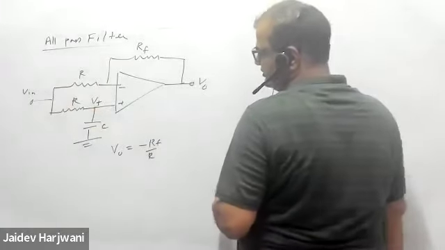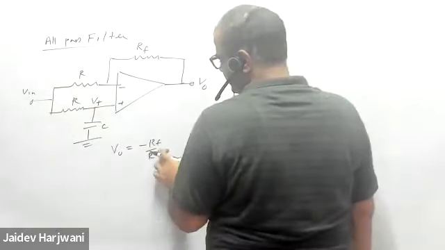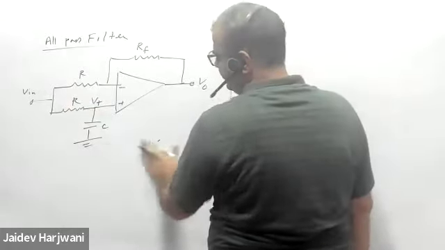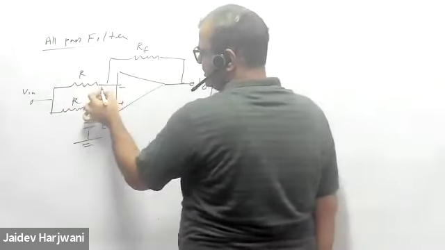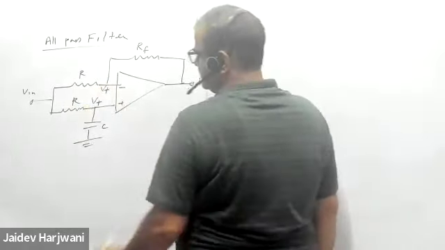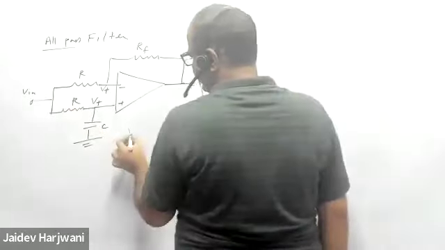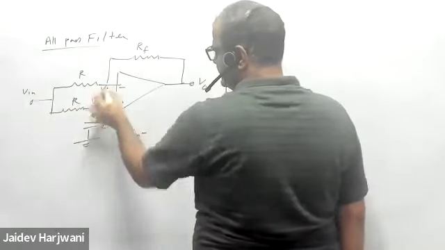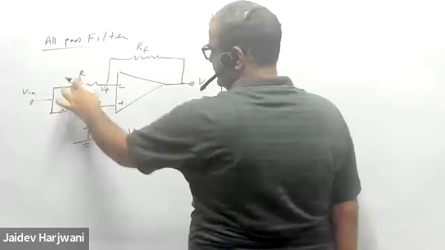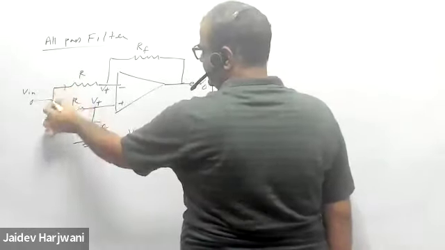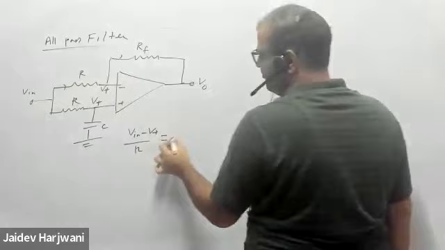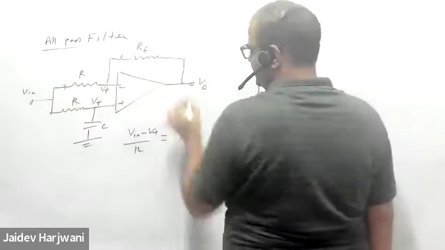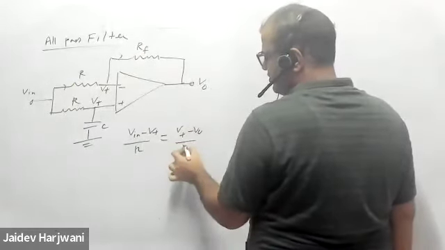So I'm using superposition principle. So this is V plus. So now I can write directly V input minus V plus divide by R, like this. I'm going from V plus to minus V naught upon RF.